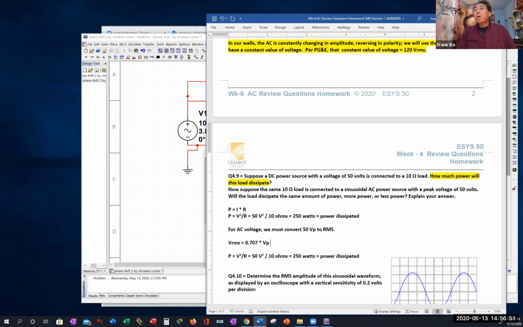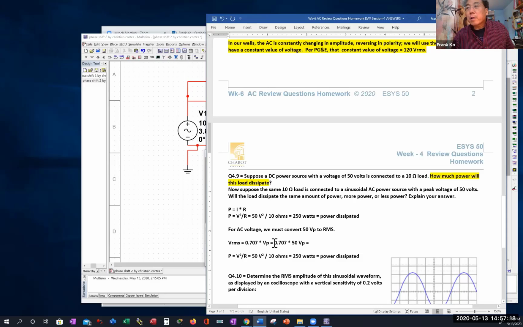Let's go ahead and pop that number in, 0.707, and we're going to multiply this by our V peak of 50 V peak. So go ahead now and make this calculation. Mr. Lau, give us this calculation if you would.